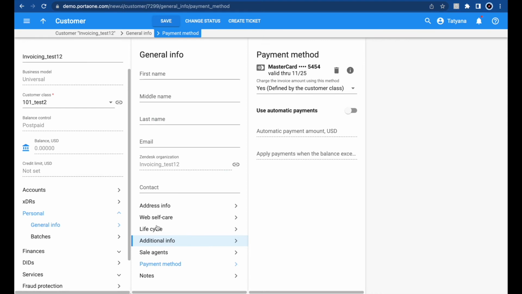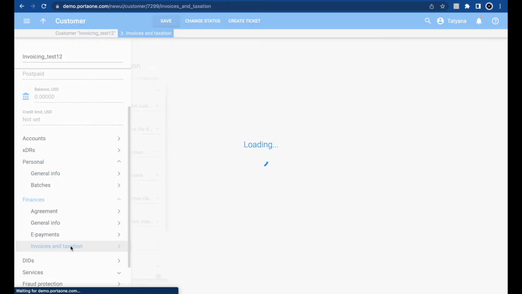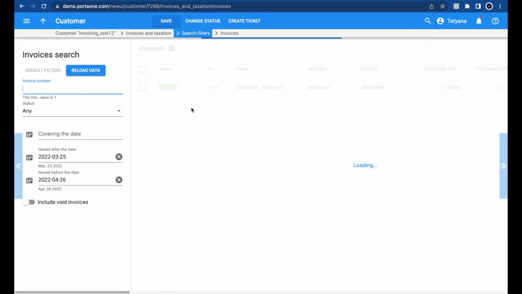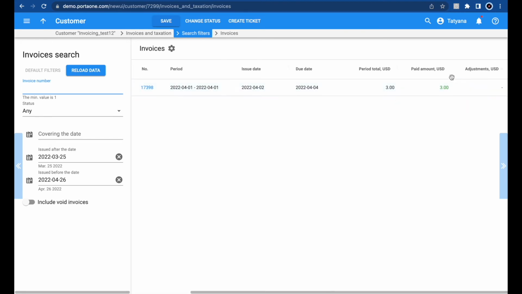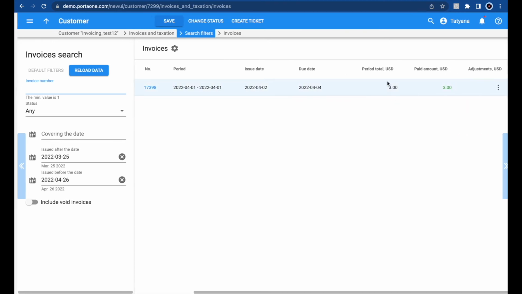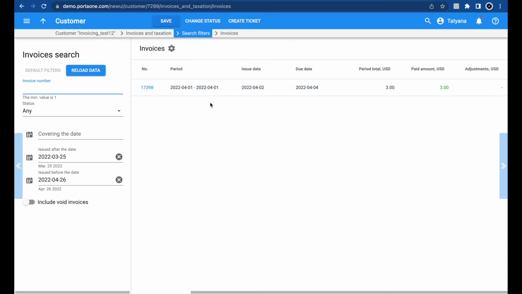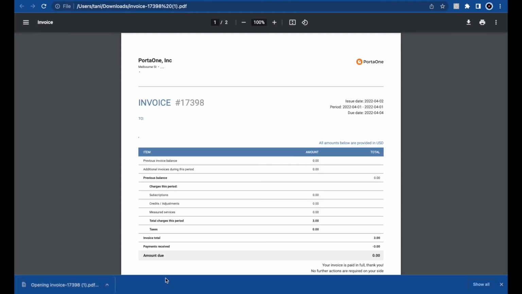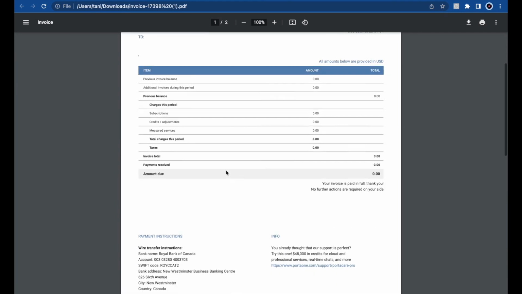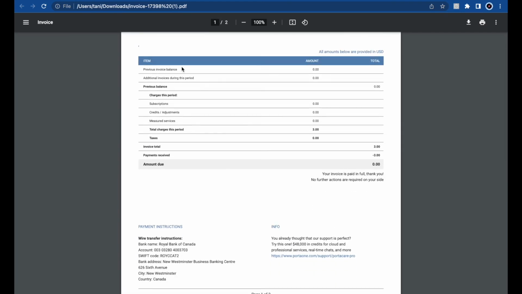Let's go to our test customer, invoices and taxation, and check the invoice. Okay, here is our invoice. It was paid in full. And let's open it. Okay, so there is no previous balance.